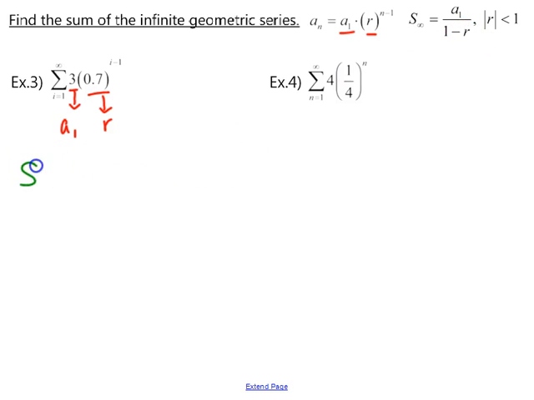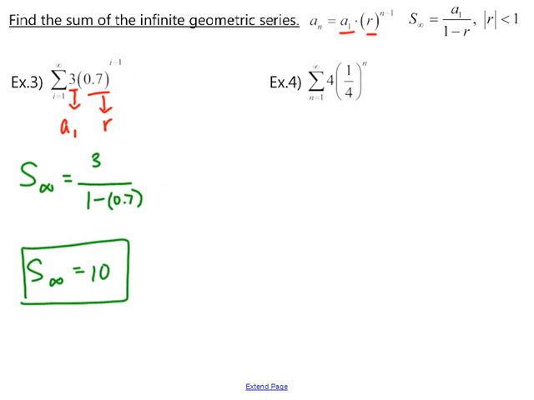So if we are finding the sum of the infinite terms, we need to take the first term, which is 3, and put that over 1 minus the common ratio, which is 0.7. Now we can calculate that, and we will find that the sum of the infinitely many terms of this series is 10. I want you to go ahead and pause, try example 4 on your own, and check back with me when you're finished.